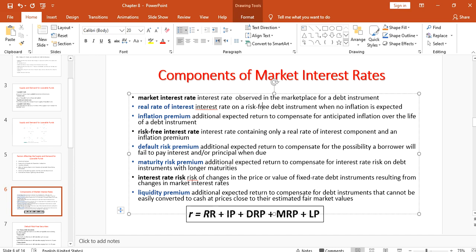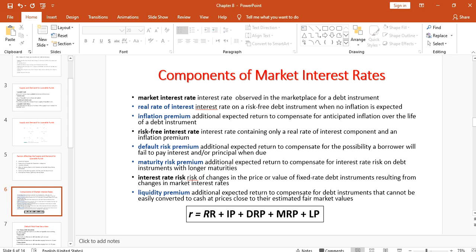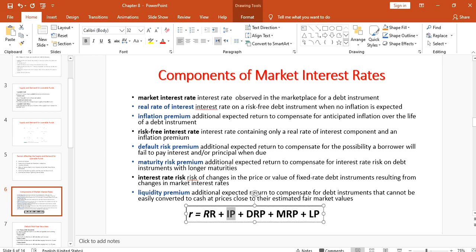Inflation premium is another factor affecting the market interest rate. That is the expectation of inflation over the life of the debt, whether it's 1 year, 2 years, 3 years, 5 years, or 10 years. The lender will think about it.